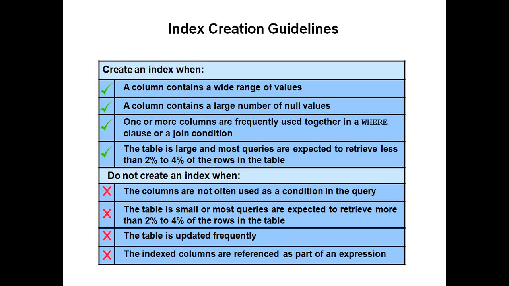And coming to the second point on the slide, you need to create an index when a column contains a large number of null values. Suppose you have 10,000 rows, but out of 10,000 rows in a particular column, you have only 2,000 actual values and 8,000 null values.